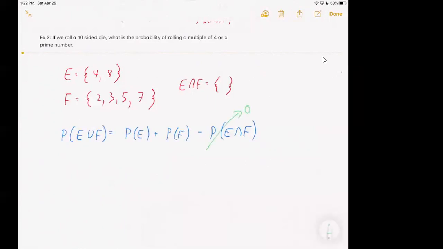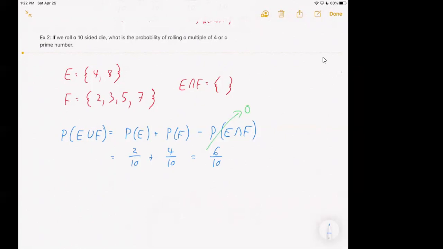So we don't have to subtract it out anymore. So when there is no overlap, we can simply say this is 2 in 10, and this looks like 4 in 10. So we have a 6 in 10 probability that the event will happen, that we either get a multiple of 4 or a prime number.